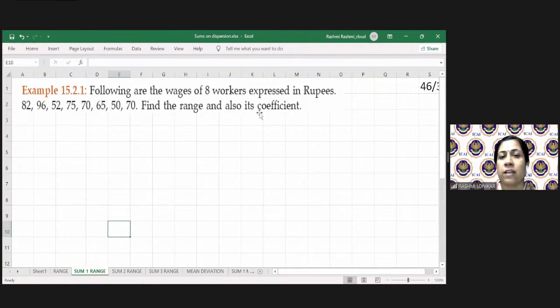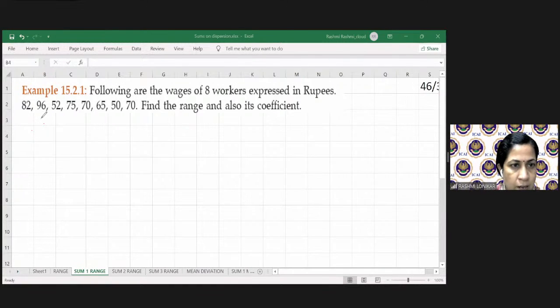So following are the wages of 8 workers expressed in rupees. Now find the range and its coefficient. Very important thing is, arrange. Here we must arrange the data.